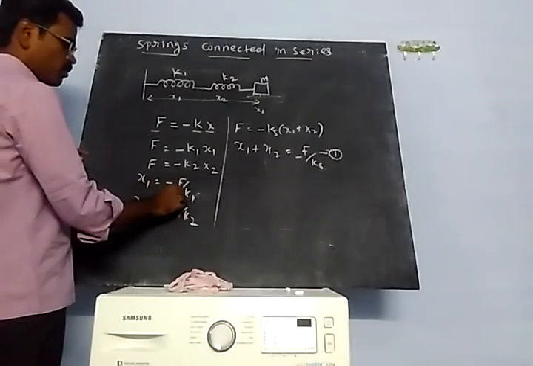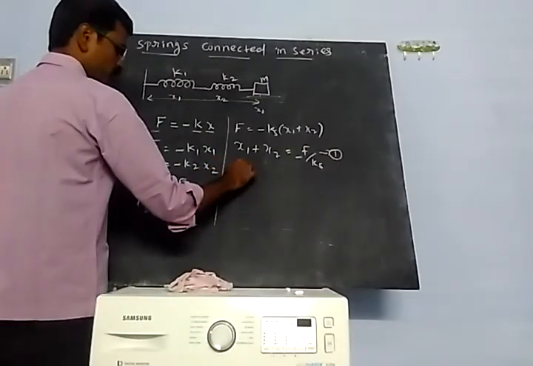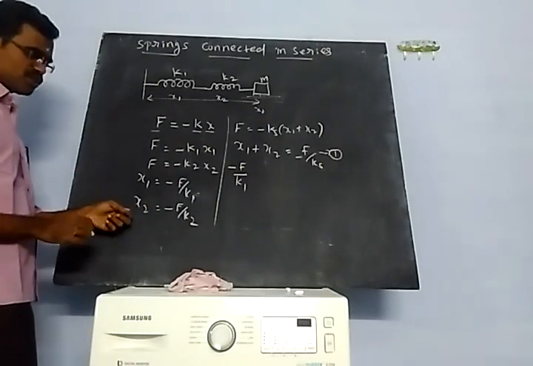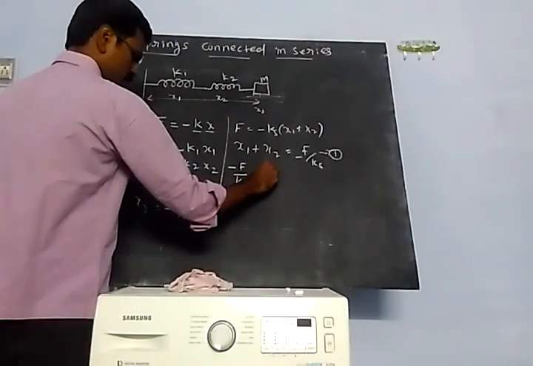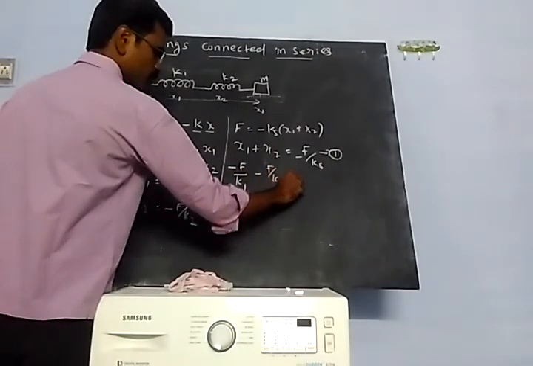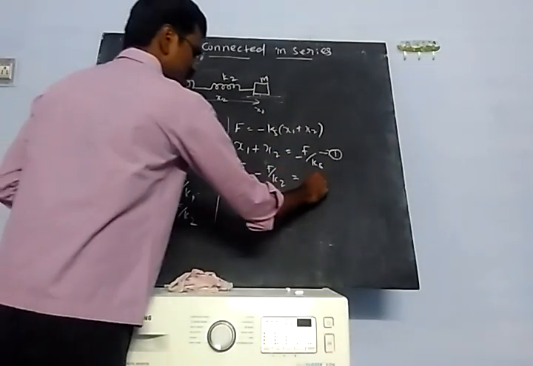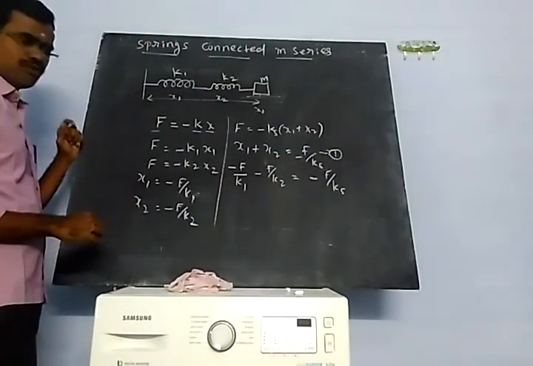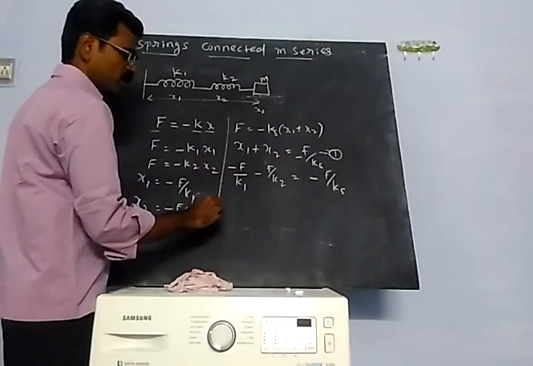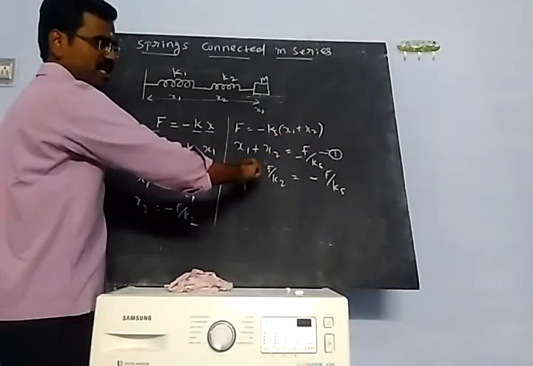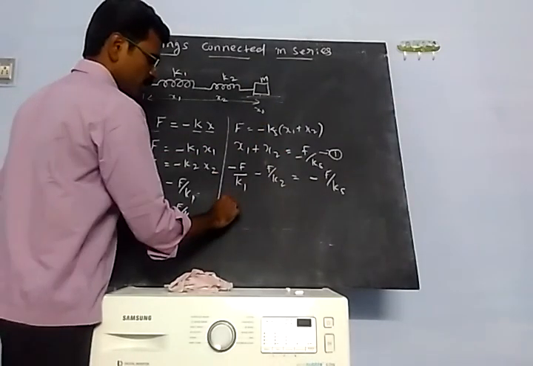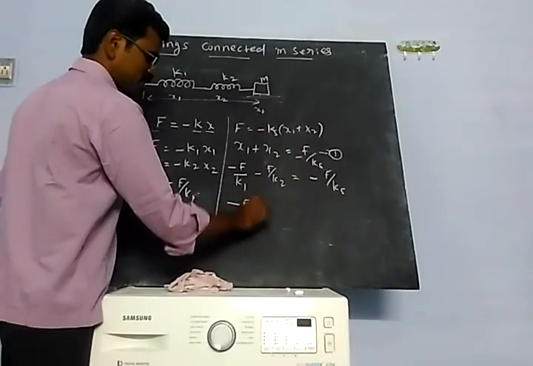Okay, so x1, what is the value? x1 is equal to minus f by k1. Then x2 is equal to minus f by k2, and the sum is equal to minus f by ks. All terms have a minus sign, so you can cancel them, or you can take out that minus f.